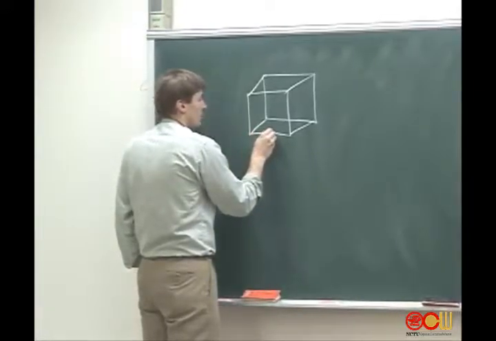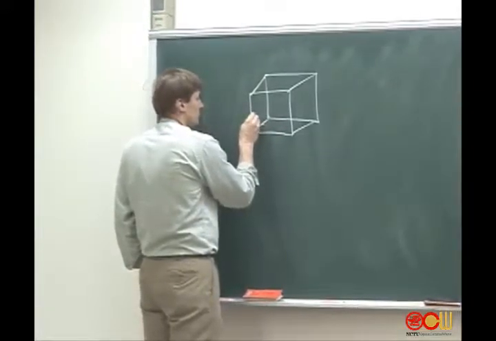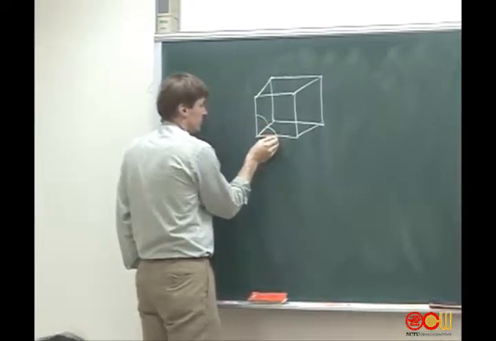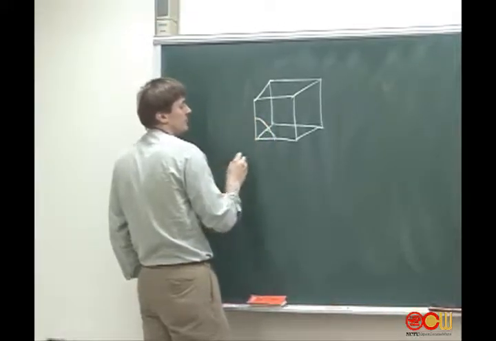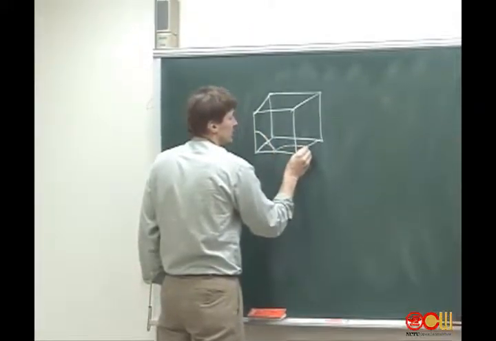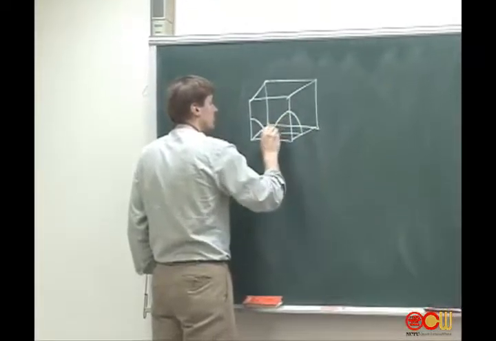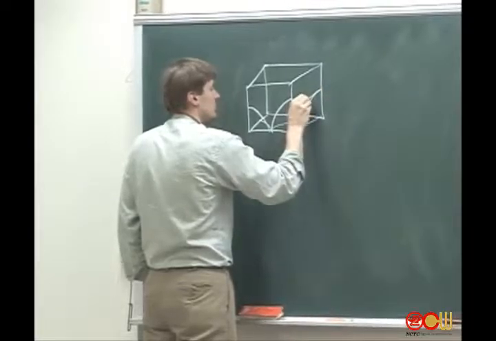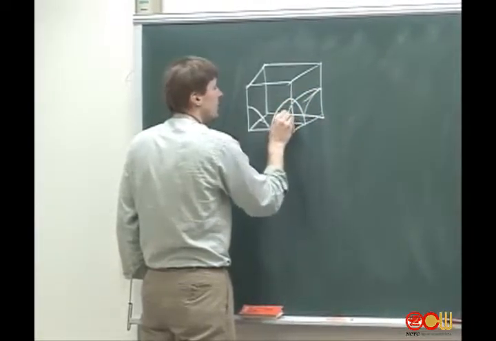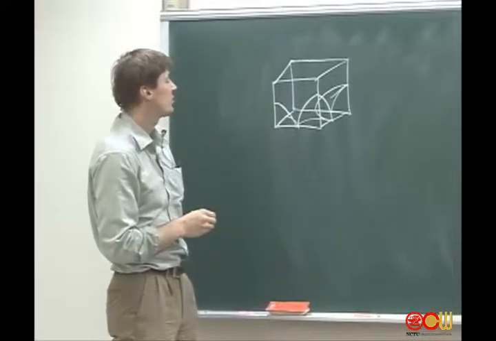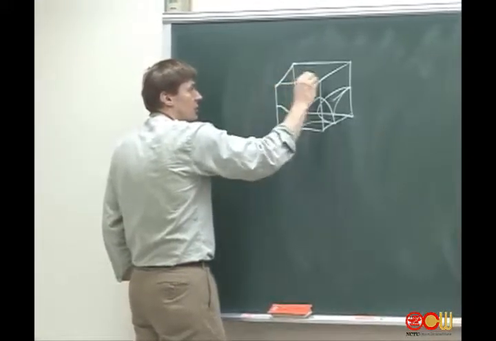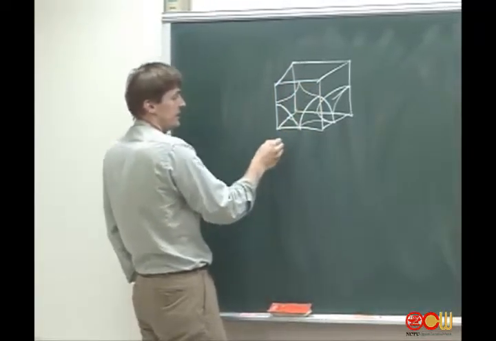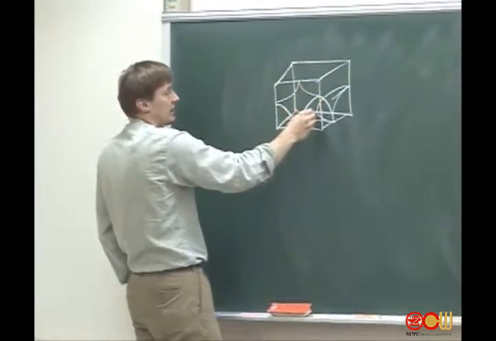Now I know that this atom is here. This atom is here. This atom is there, and so on and so on. So if I draw just this wall, we see that we have the atoms like that.